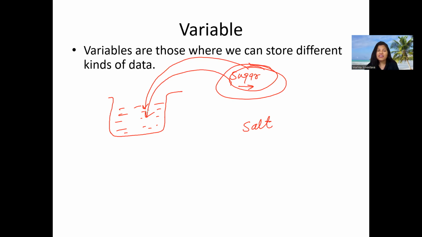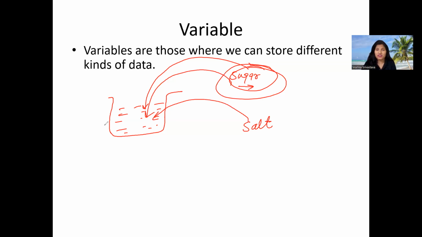For that, I need to remove all the sugar from this container, and only then can we put salt in it. That is the only way. So the value in this variable or container can be changed. If you want, you can store sugar, and then if you want to store salt, you can store salt as well. These are changeable, but you can't convert sugar into salt. Those are constants.